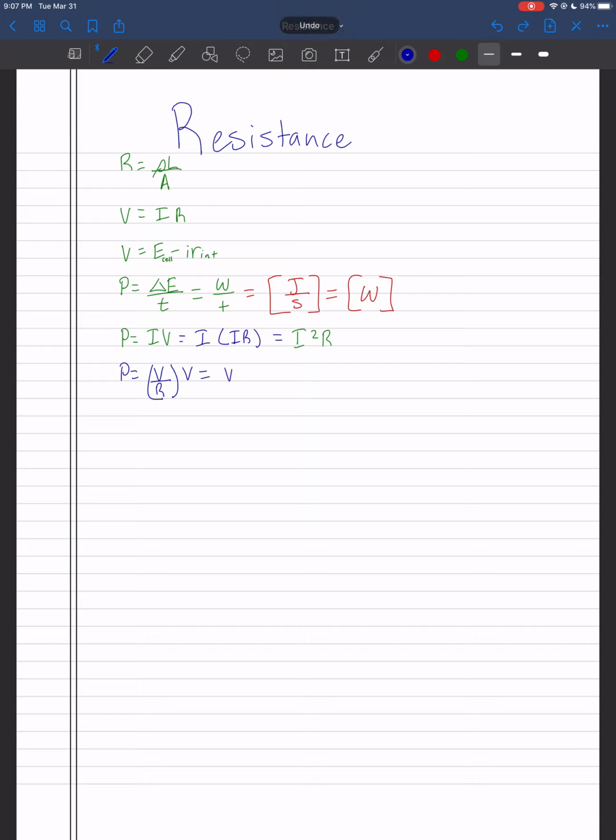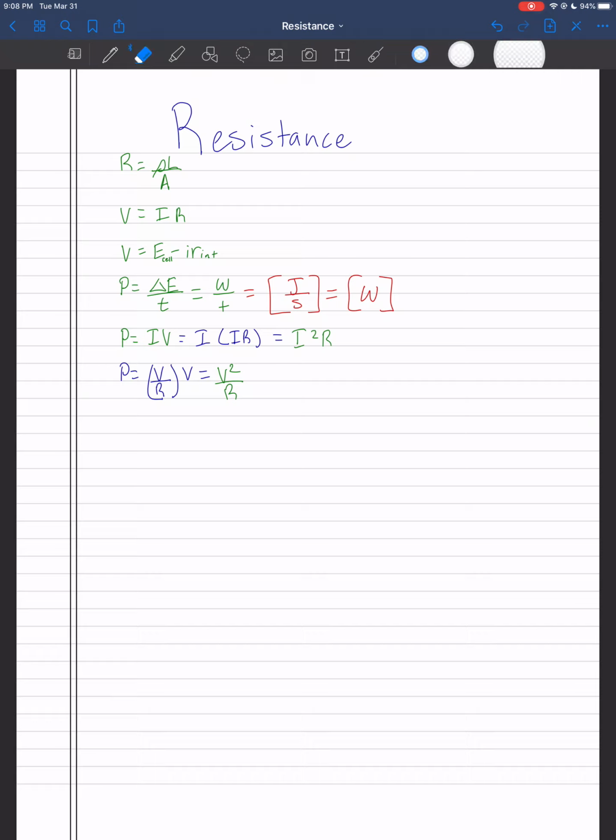So we get V squared over R. So those are two formulas for power that you might need to remember, okay? I don't know if there's an intuitive way to go about it, but if you remember that power is equal to I times V, you should be fine because you're able to derive this and this, right?